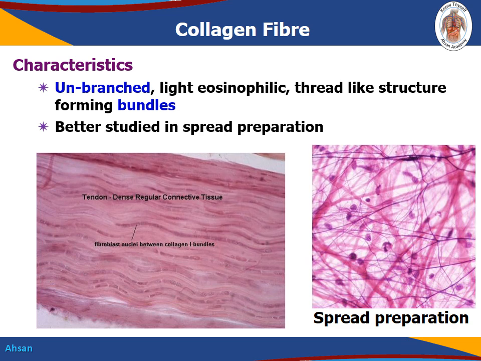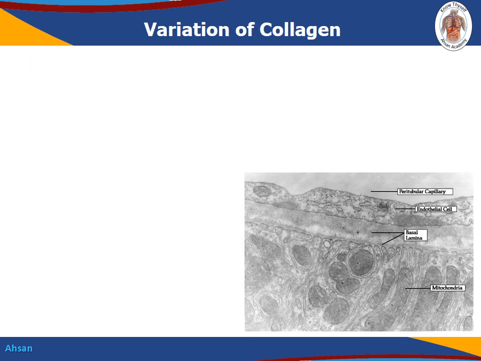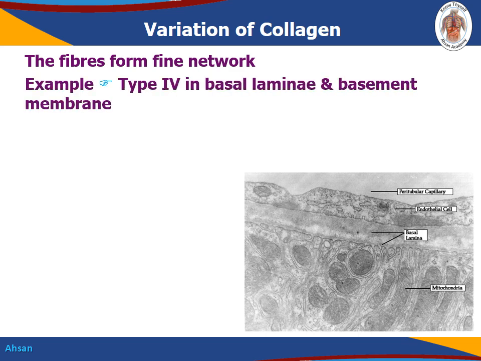You can see the thick bundles, pink in color, extending in all directions. The collagen fibers usually form bundles, wavy and parallel to each other, but in some cases we may get collagen fibers forming a network. As an example, we can mention the type 4 fibers present in the basal lamina and in the basement membrane.